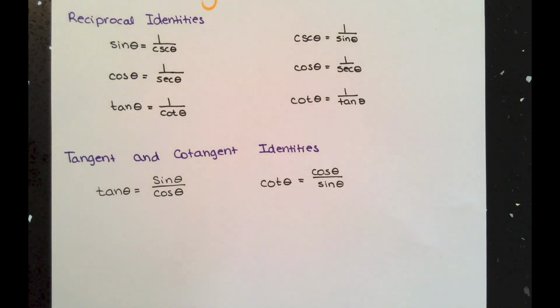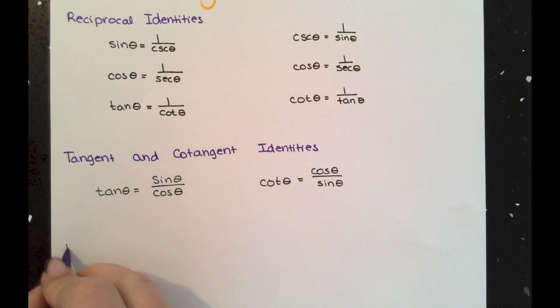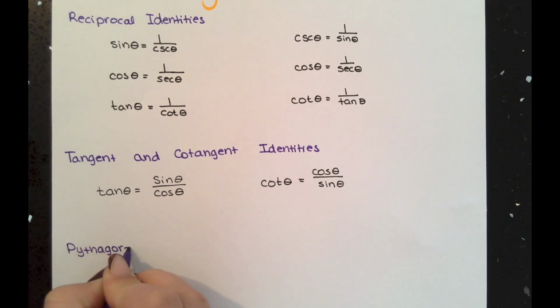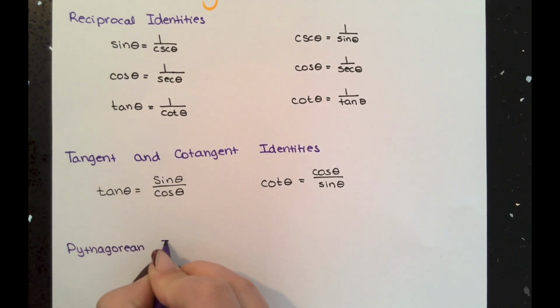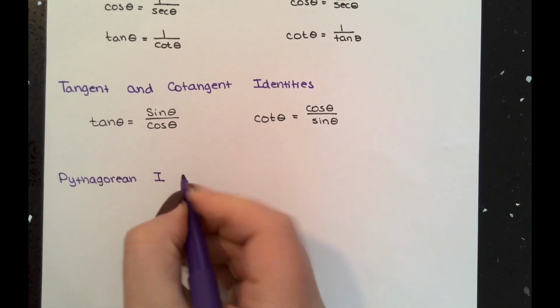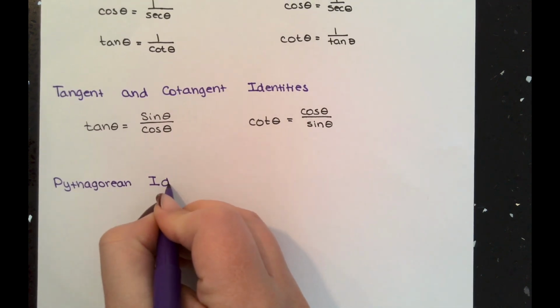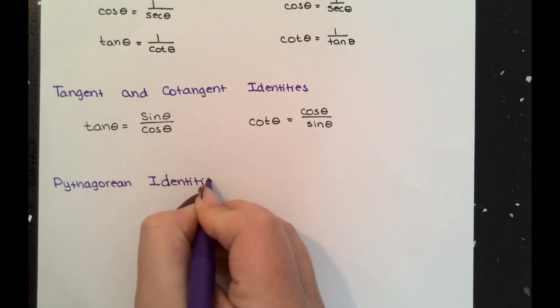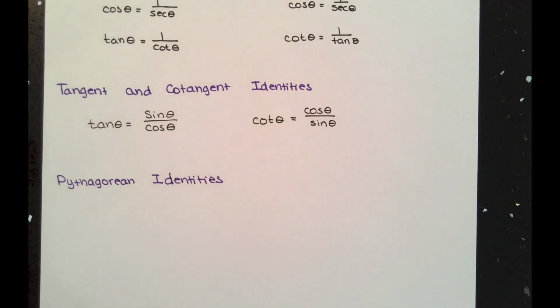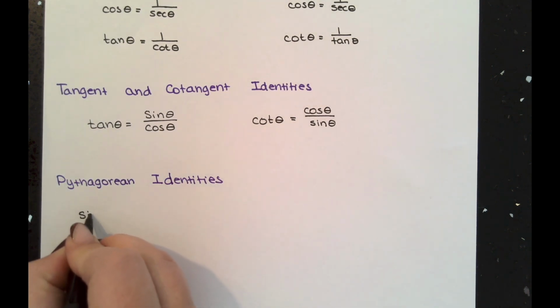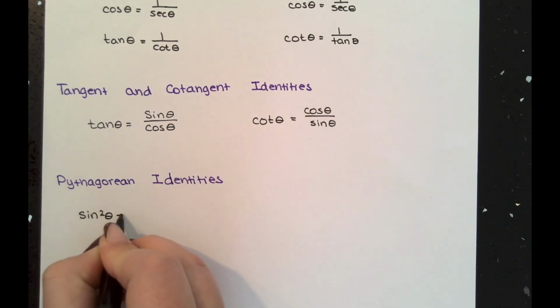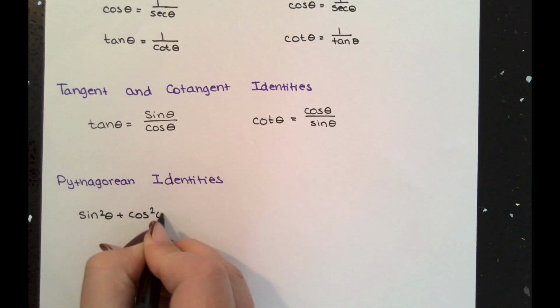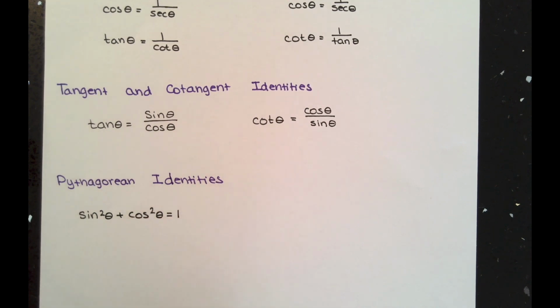Now the next identities we will focus on are the Pythagorean identities. And just like the name implies, we will be doing some a squares and b squares equaling some c squares. There are three main Pythagorean identities. First one we have is sine squared of theta plus cosine squared of theta equals 1.